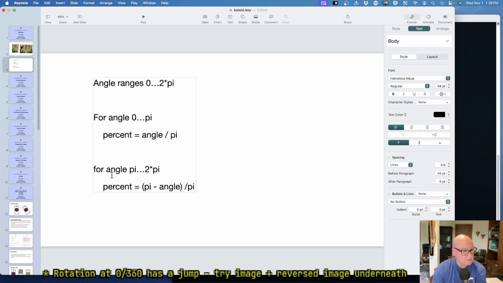If you're at pi, we want it to go to 100%. If you're at 2 pi, we want it to go to 0%.